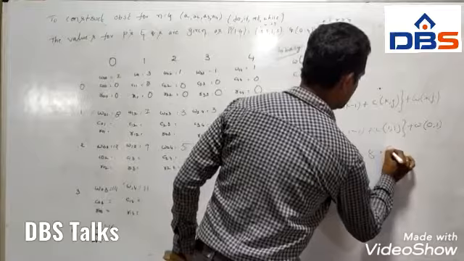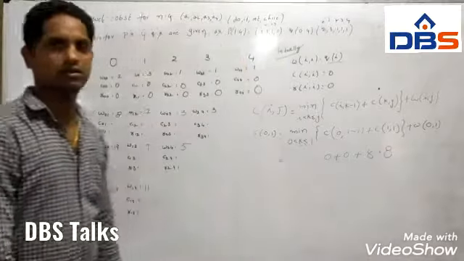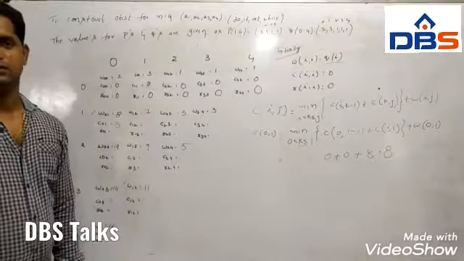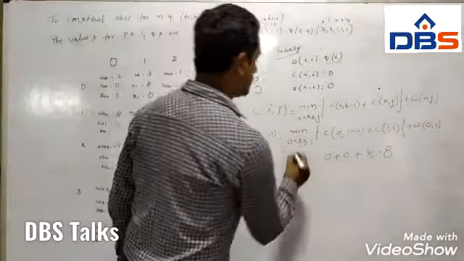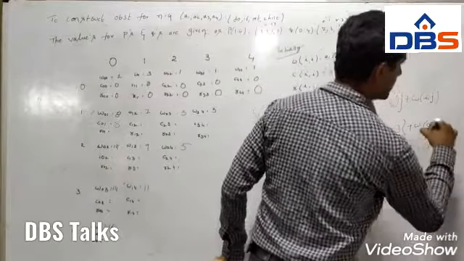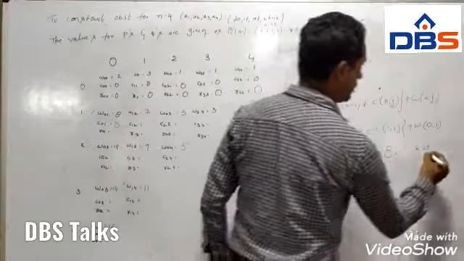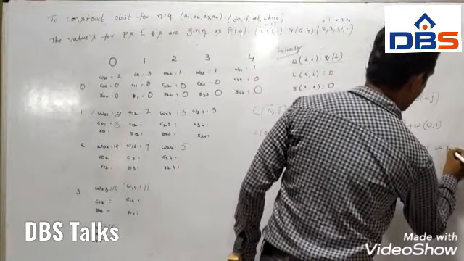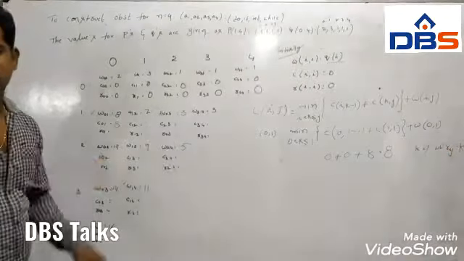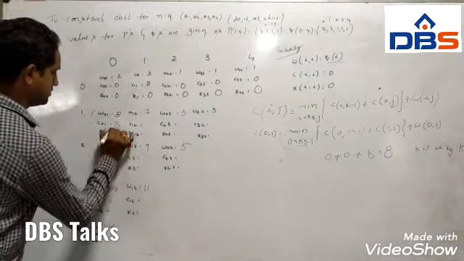So that equals 8. Okay, so C01 equals 8. So k equal to 1, and when R of i comma j equals k, R01 equals 1.